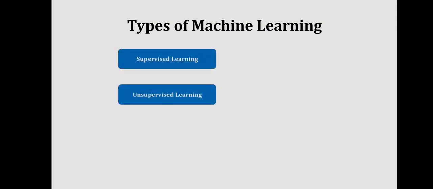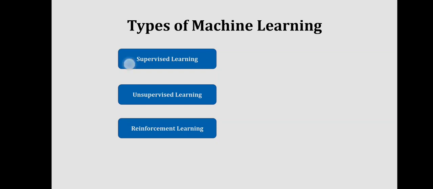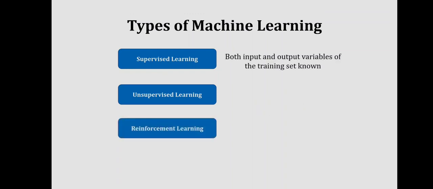So there are different types of machine learning. One is supervised machine learning, next is unsupervised machine learning, third is reinforcement learning. These differ from one another based on the input type and output type. Supervised learning: the meaning of supervised is there is someone supervising you.